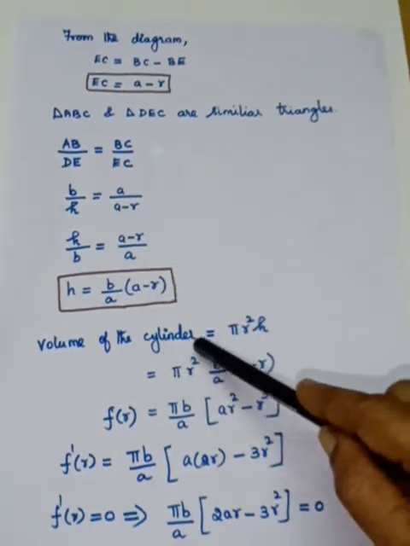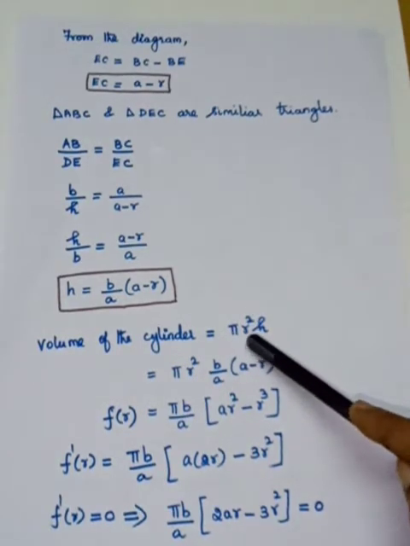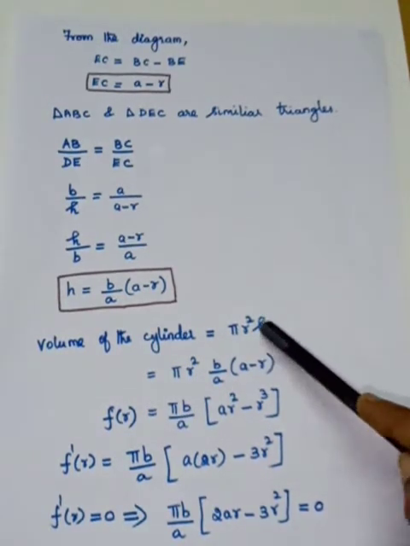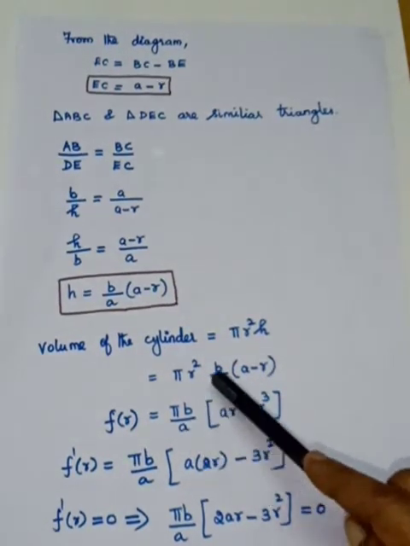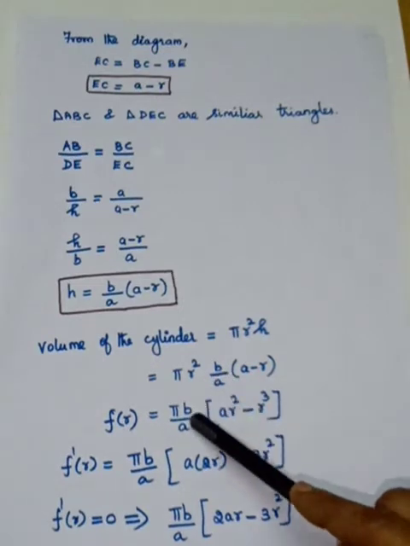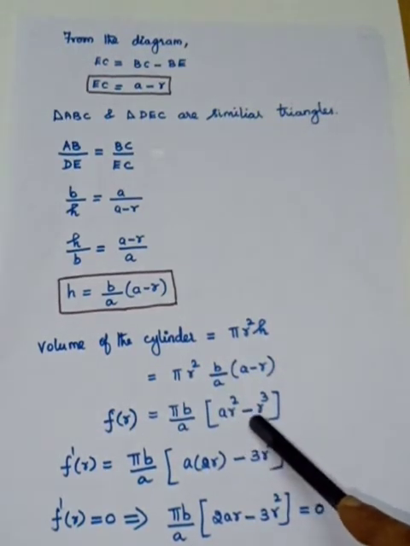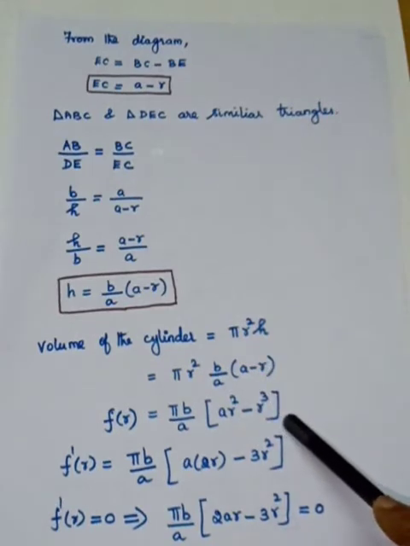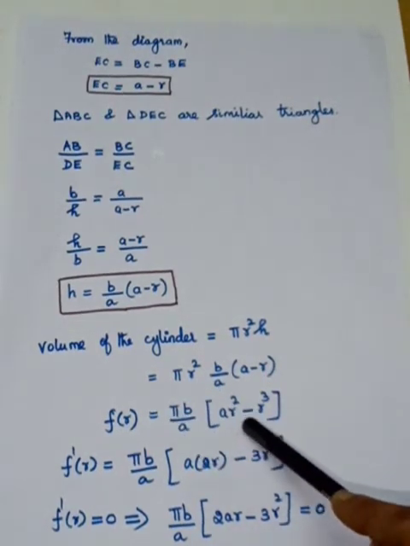Volume of the cylinder is pi r squared h. In the place of h, I substitute B by A into A minus R. When you simplify, pi B by A is a constant, and r squared into A is A r squared minus r squared into r is r cubed.